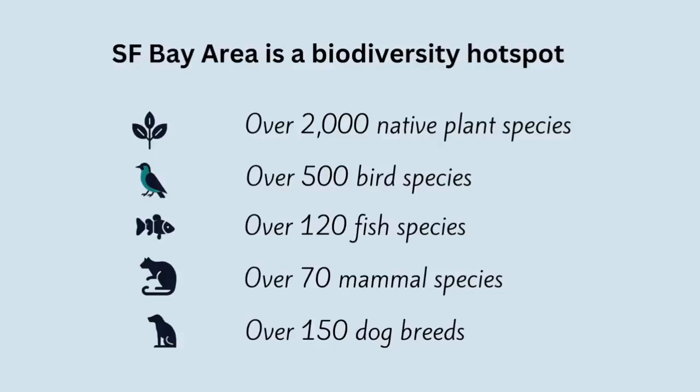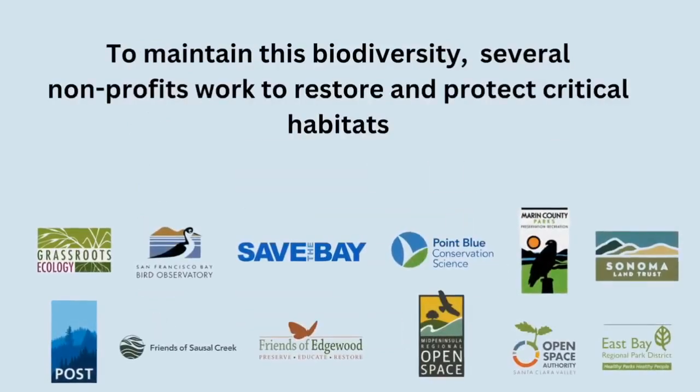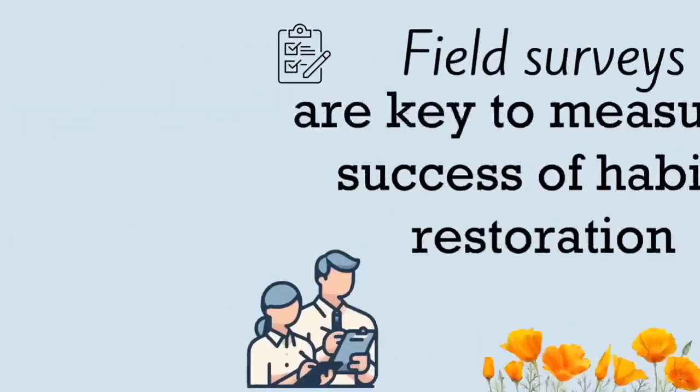With this diversity, in order to maintain it, you have a lot of nonprofits that are working together to do habitat restoration and protection of this critical habitat. One of the tools they use to make sure their strategies are working is field surveys.